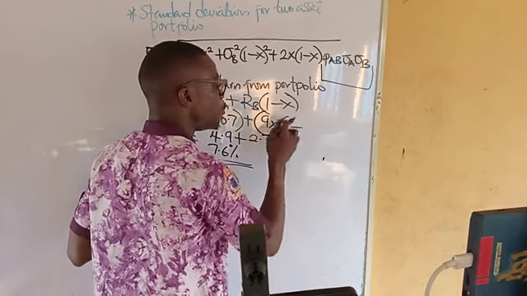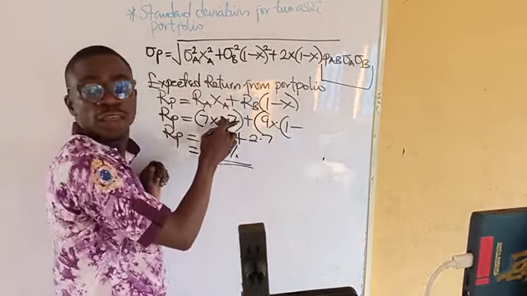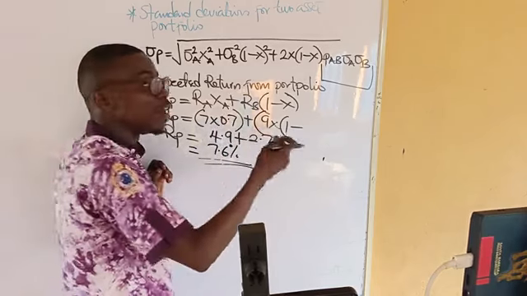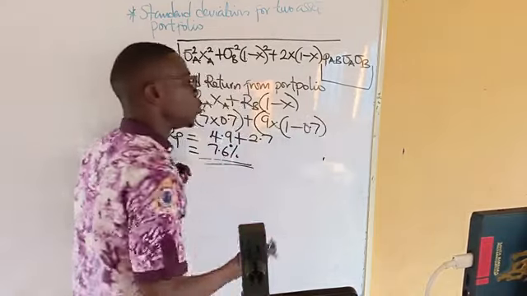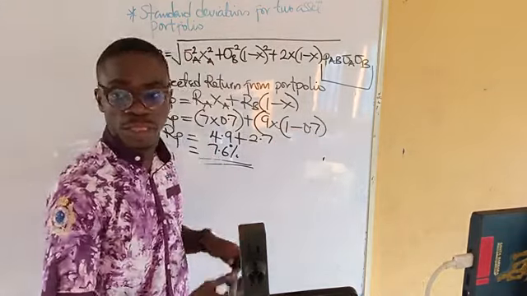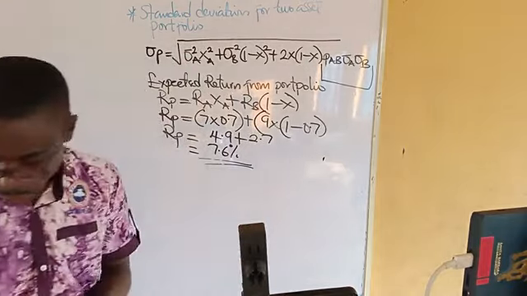That means bracket open 1 minus what is x? X is 7, yes, 0.7. So 1 minus 0.7 will give you what? 0.3. 3 times 9 will still give you the same thing.